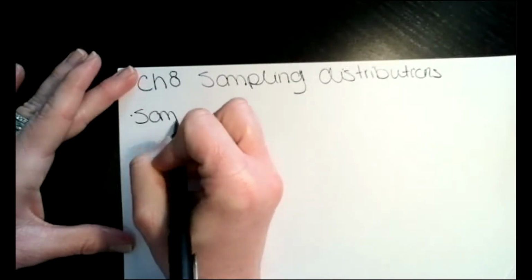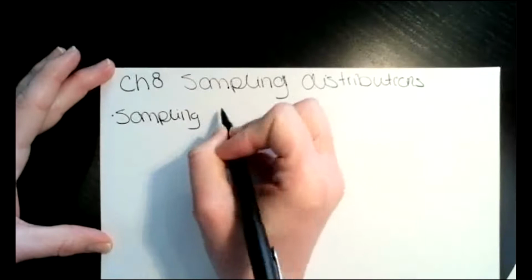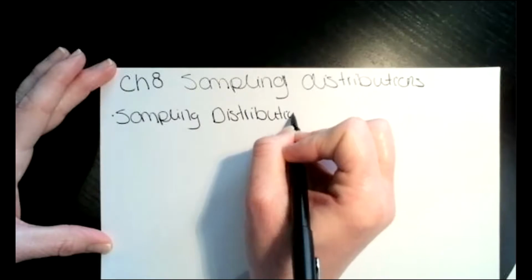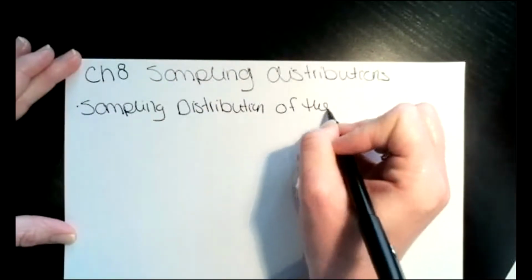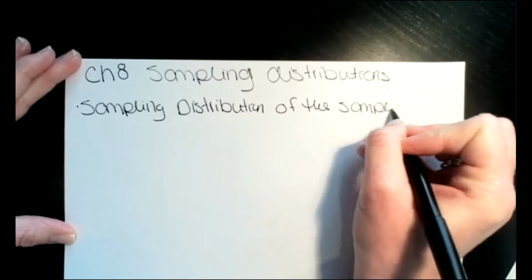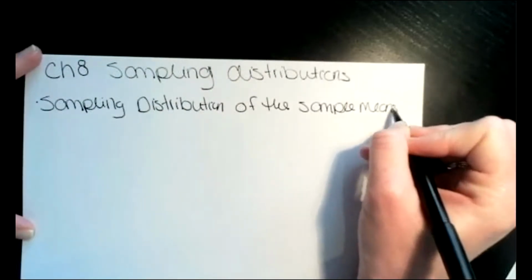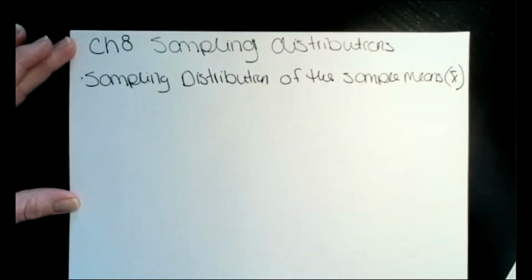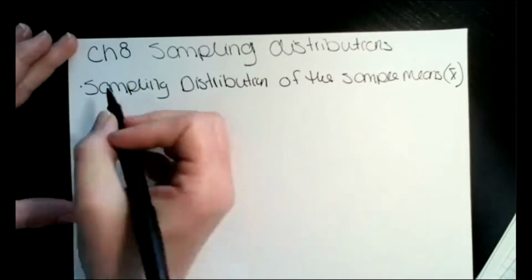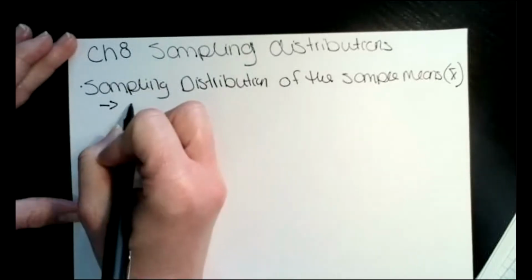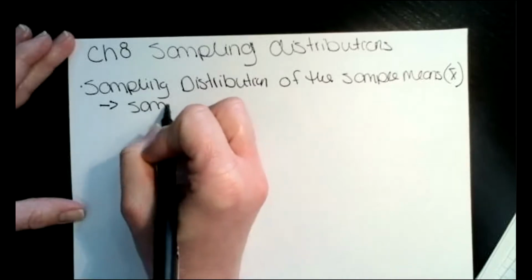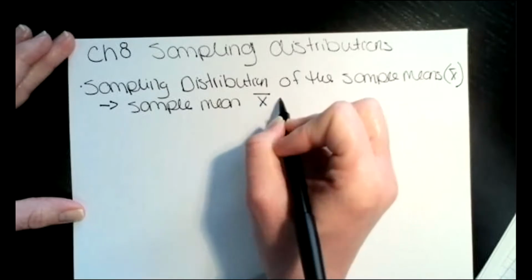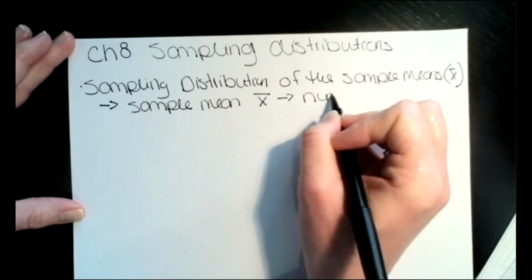So let's take a look at the sampling distribution of the sample means, and that is my X bar. So remember here, first of all, my sample mean is represented by X bar, and this is my numerical side.